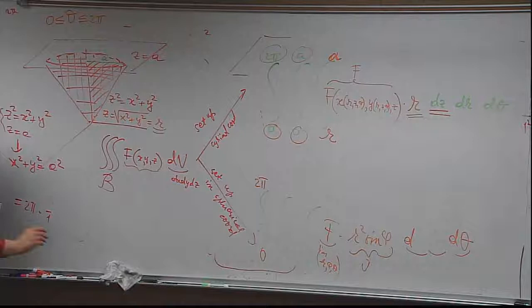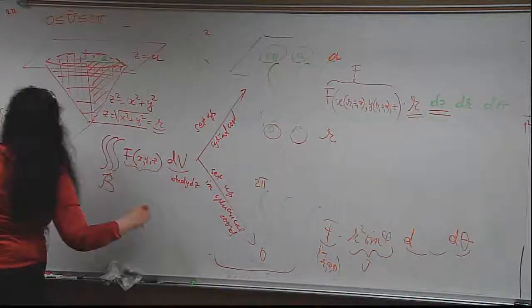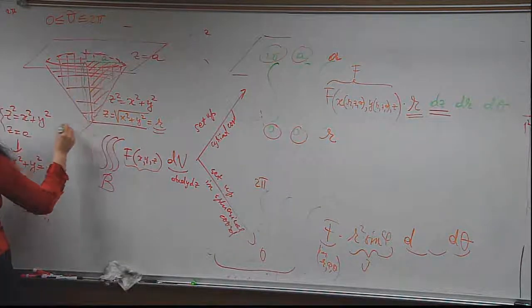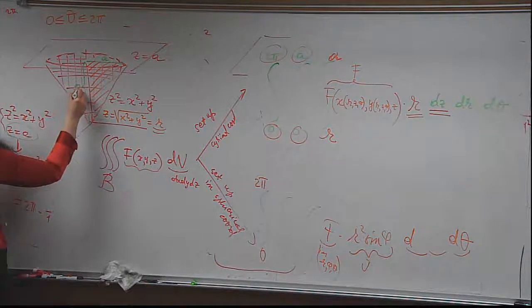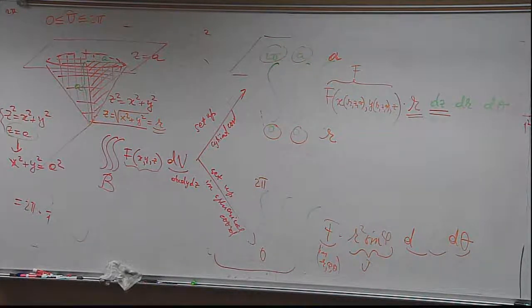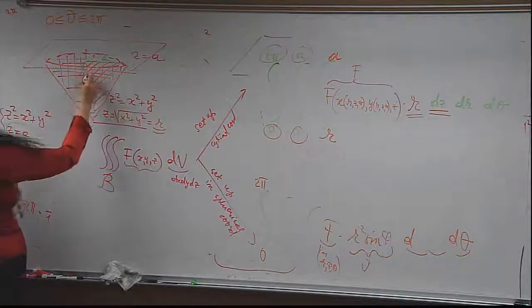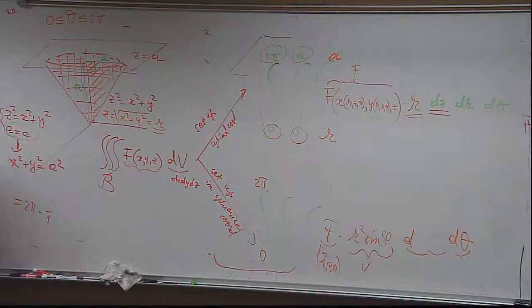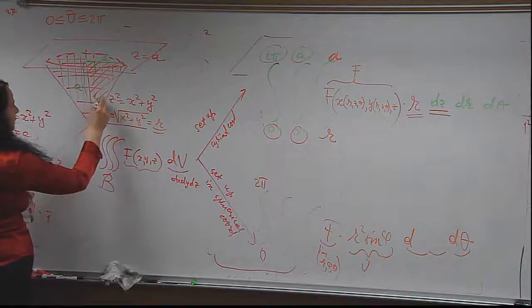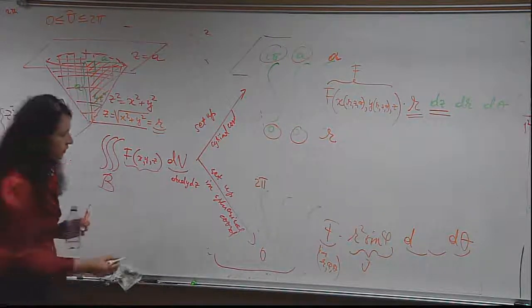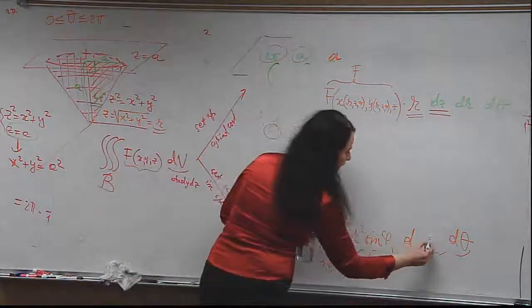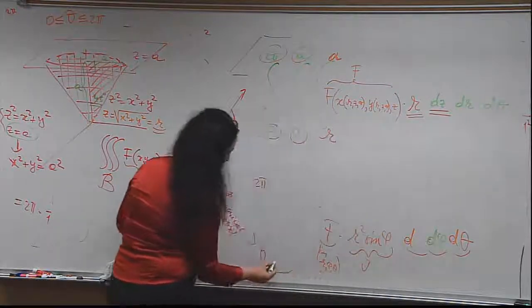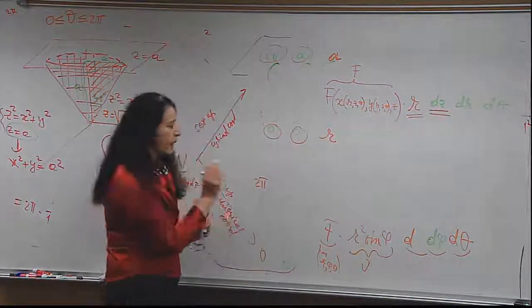Observe Z was A as well, so it's a right isosceles triangle. If it's a right isosceles triangle, this is a 45 degree angle. So phi goes from 0 to pi over 4.